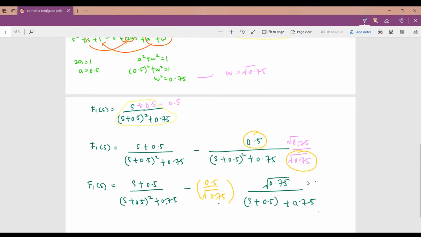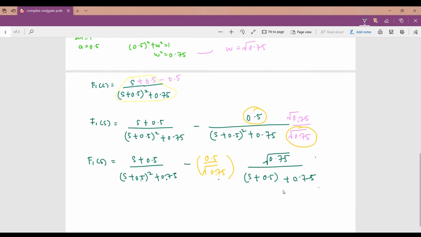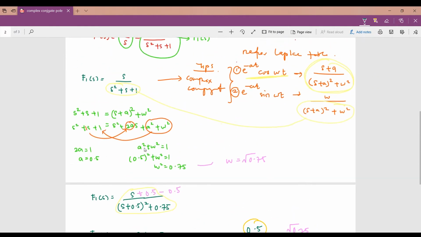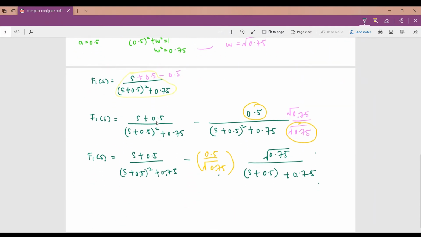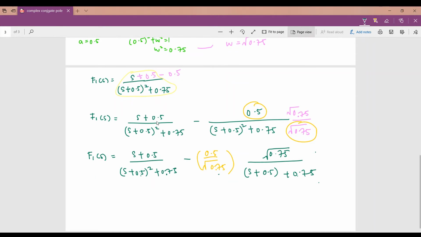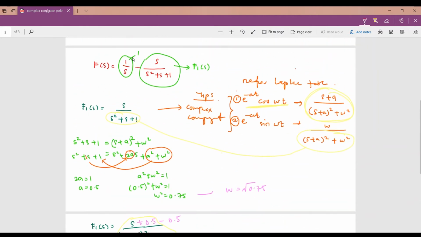This one and this one, you already know the time domain form. Actually Fs is 1 over S, and this one is 1, so I just write the value of Ft, which is the first 1 over S is 1, and then minus, this one, don't confuse this one, 1 over S minus F1.